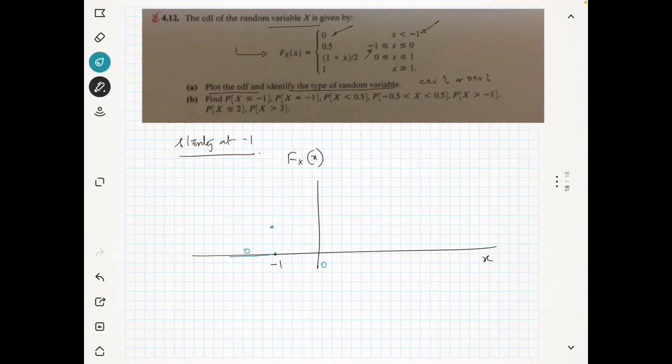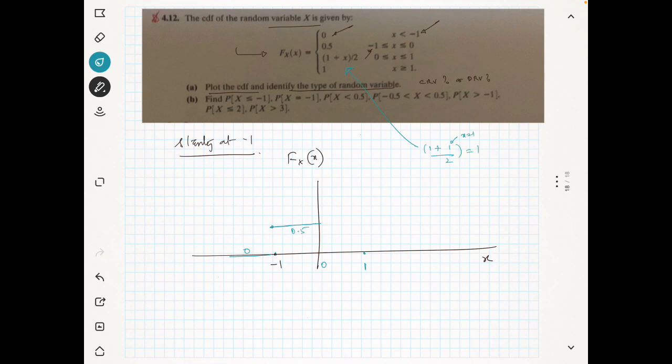It is a constant which is 0.5, and between 0 and 1, this is 1 here. At 1 you can use this value. That means at 1 it will take the value 1 plus 1 by 2, because you have to put x equal to 1. So this value will become 1.